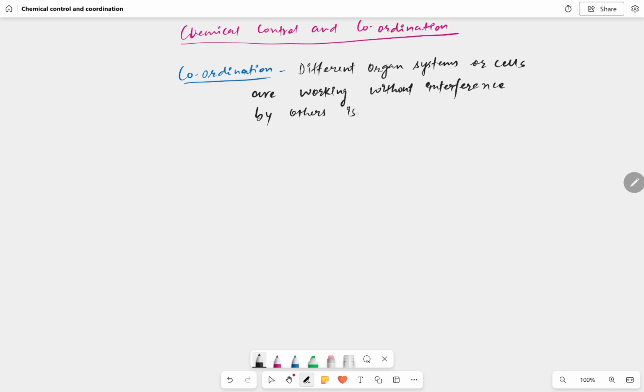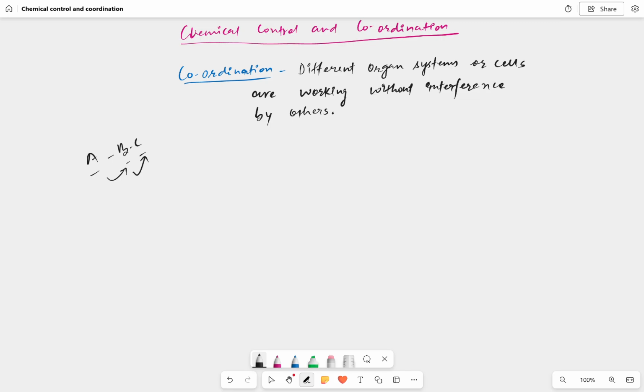This is the coordination. Let's say A, B, C, three types of organ systems are working, three types of cells are working, but they are not interfering with the function of other cells or other organ systems. In this way we can say that different organ systems are working, but no interference is seen.